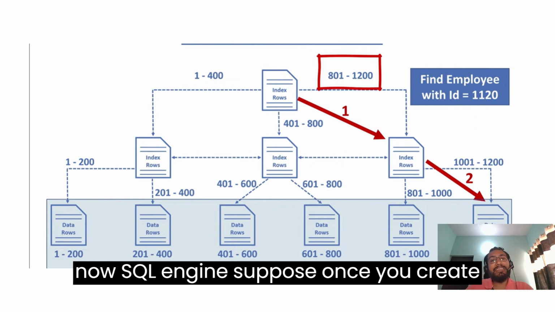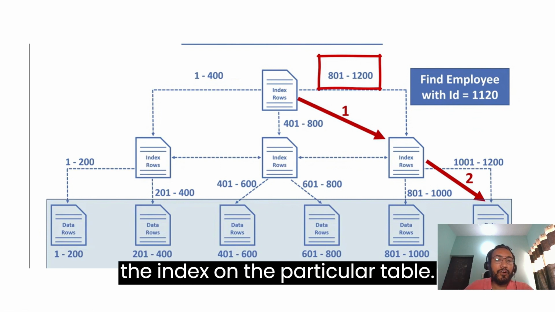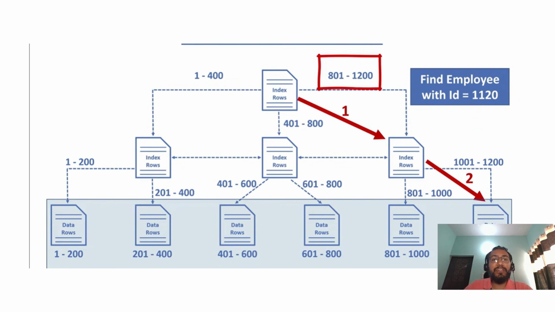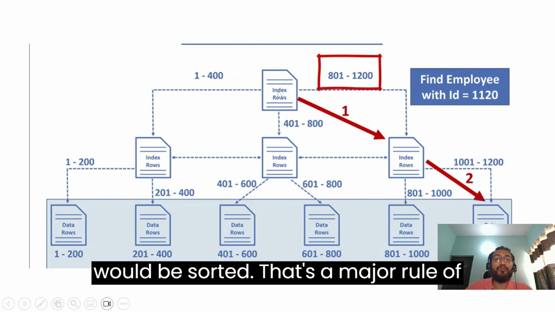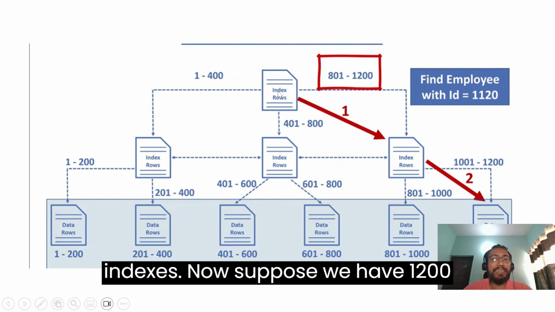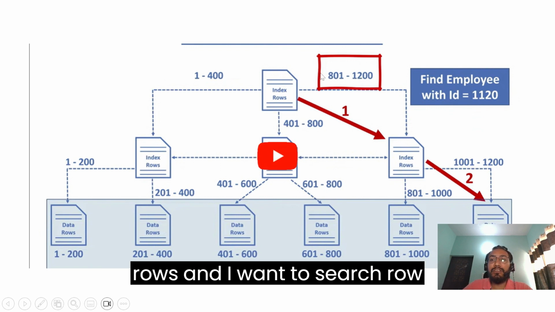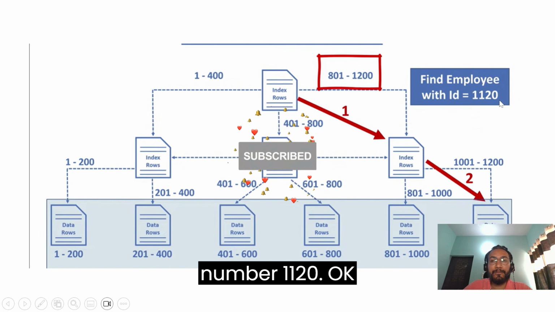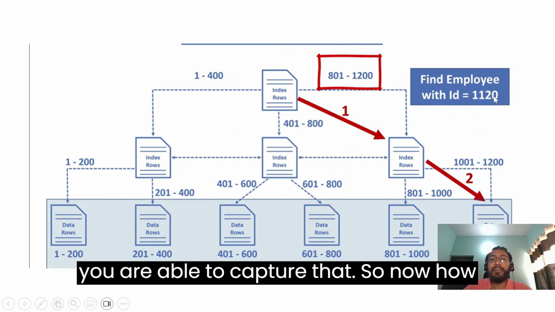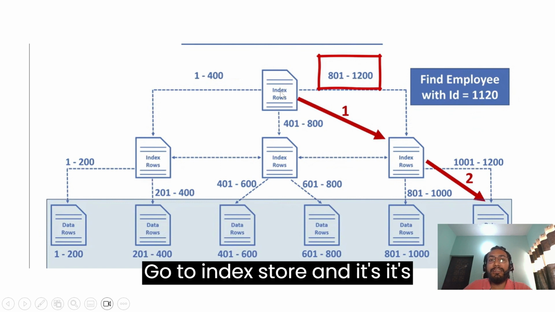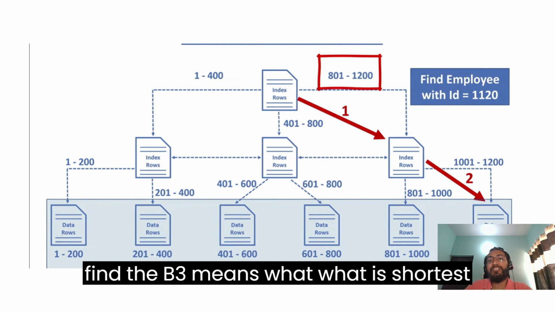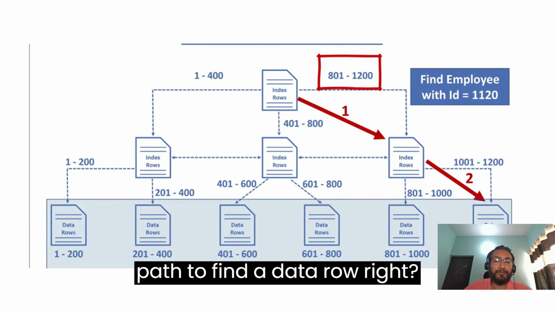So now, once you create the index on a particular table, the SQL engine will sort your data in a particular manner, right? I mentioned that data would be sorted. That's a major rule of indexes. Now, suppose we have 1200 rows and I want to search row number 1120. Okay, are you able to capture that? So now how does the SQL engine run? It will go to the index row and find the B-tree, meaning the shortest path to find a data row, right?